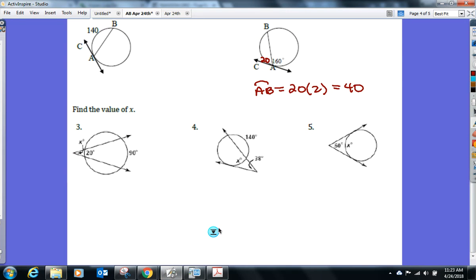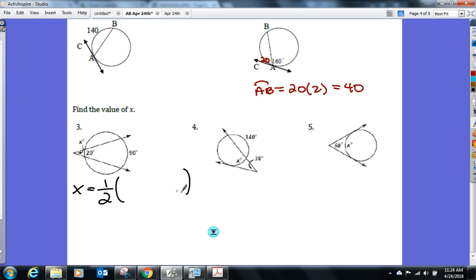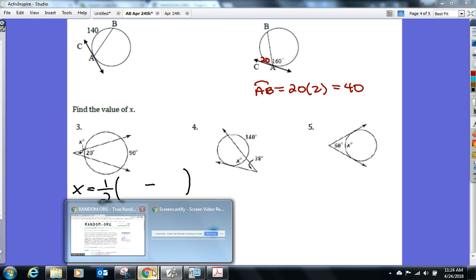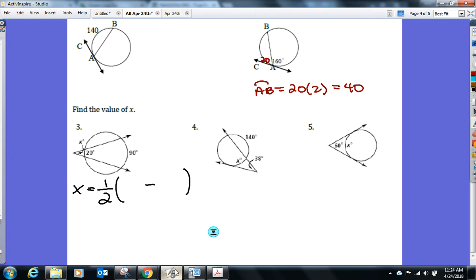There's only one way I find an angle on the outside of the circle, and that is taking half the difference of 2 arcs. The 2 arcs in this case, here you go, 10 again. There you go, 90 minus 20. Half of 70, you end up with 35.